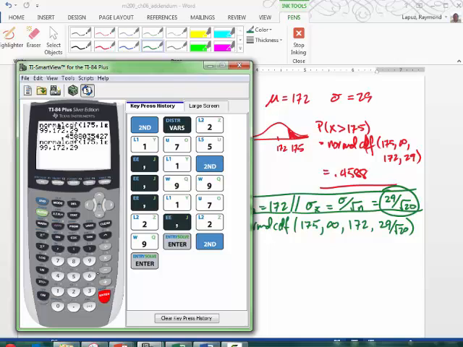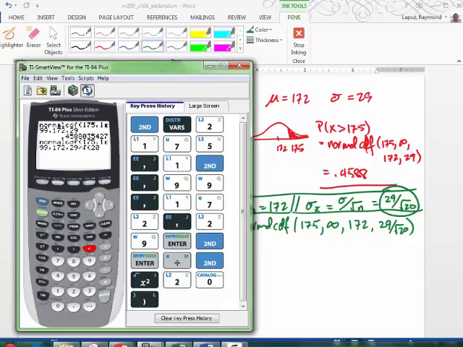Now our standard deviation is not just 29, but it's 29 divided by the square root of 20. So if we punch that in, that becomes 32.18%, or 0.3218.